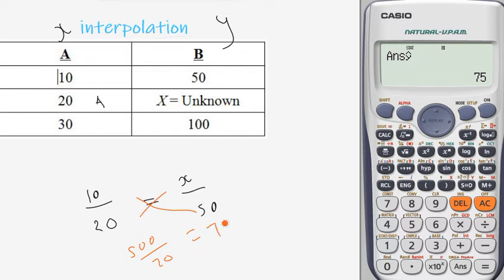The answer is obviously 25, but some people don't believe and just want to use calculators. It's better to be safe than sorry, so always use your calculator, even if it's simple numbers that you think you can compute in your head. Then remember, in interpolation you take that 25 and add it to this 50, 50 plus 25, and you get your 75 that belongs here.